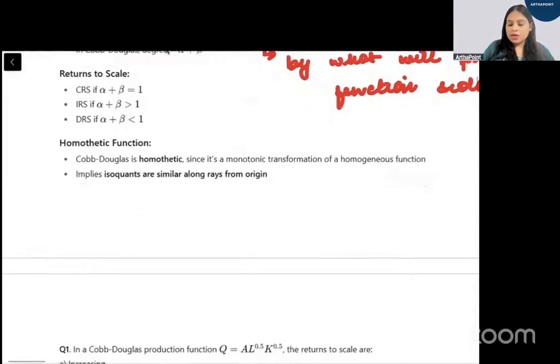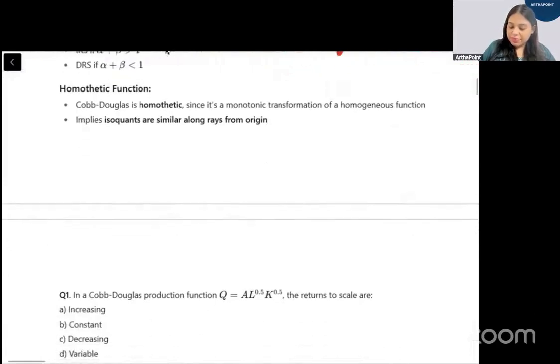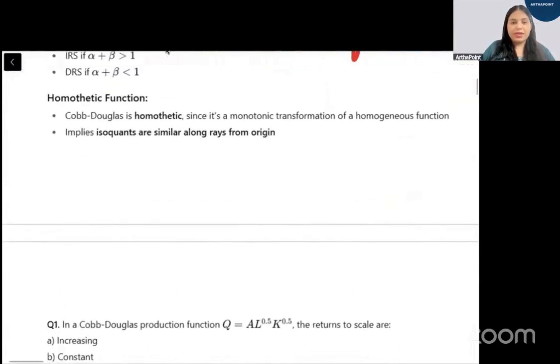ठीक है. अच्छा, अब एक बार हम इसके बारे में बात करते हैं. Let us ask ourselves, what is a homothetic production function? ठीक है.